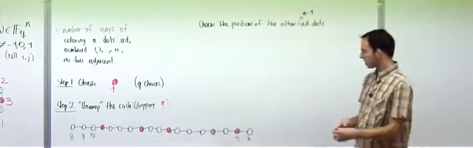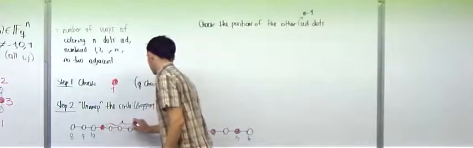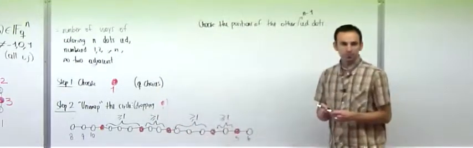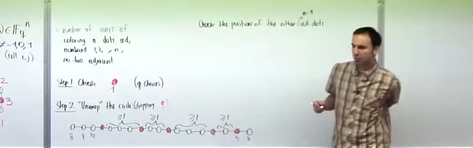And what do I need to make sure? I need to make sure that these gaps are at least of length 1, right? Is there anything else that I need to make sure of?